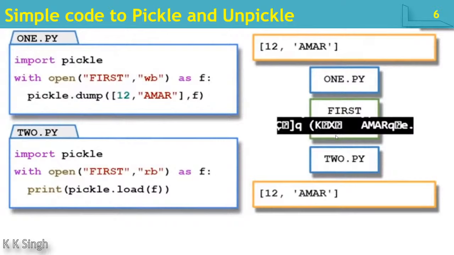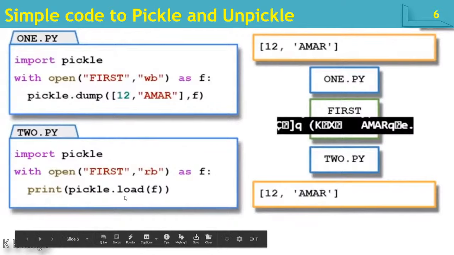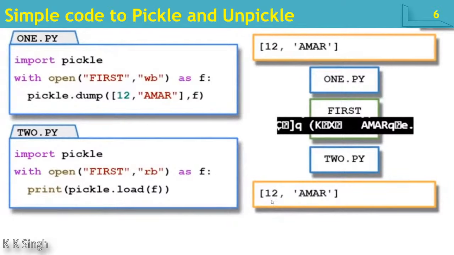But when you read the file or load the file through this program 2.py, in 2.py I am using the file first, and in place of wb I am using read binary. So when you say pickle dot load, it will read the content of the file first and will print it on the screen. So after printing you'll get this output, and this output is in list shape.